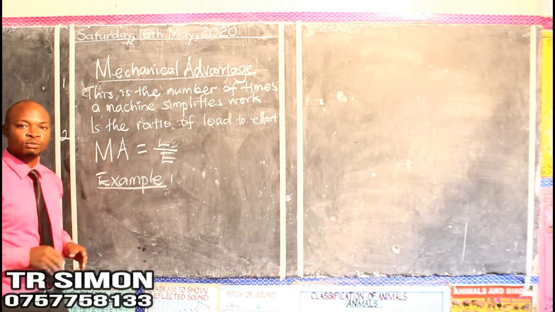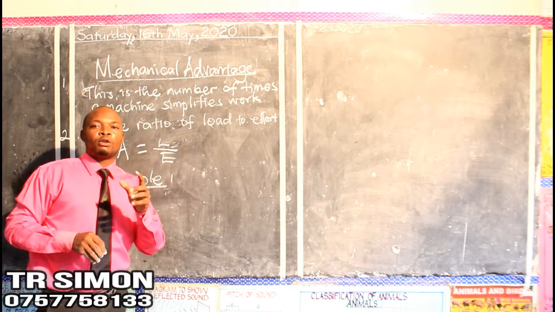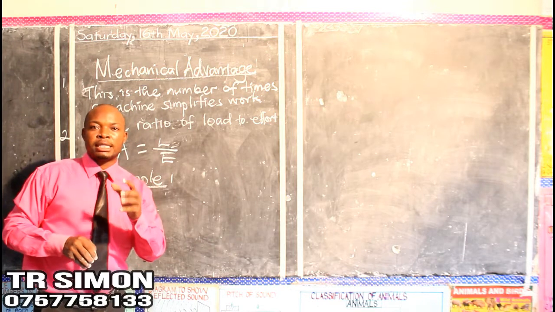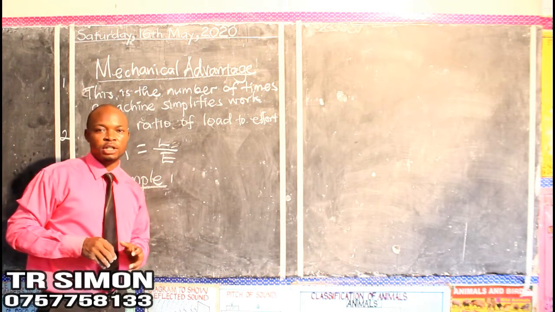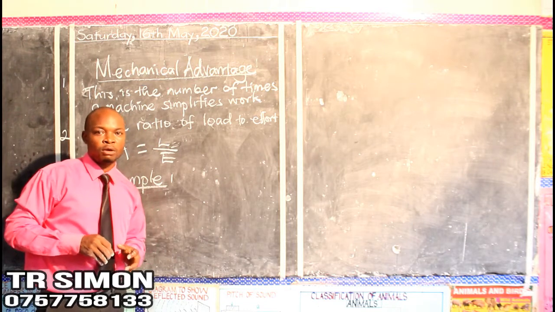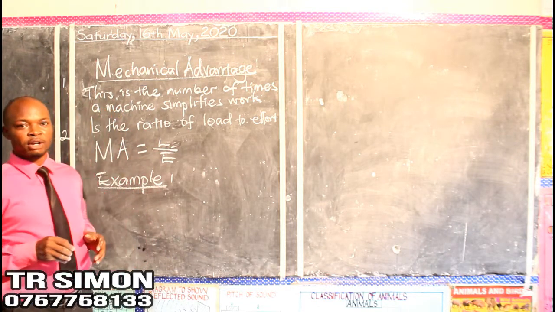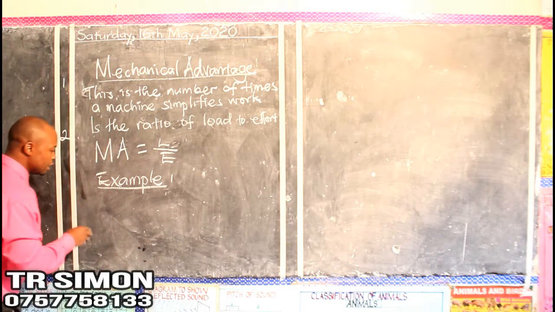Example 1. Kutos lifted a sack of maize flour, 90 kilograms, using an effort of 30 kilograms. What is the mechanical advantage? Because yourself as a human being, you are a machine, right?